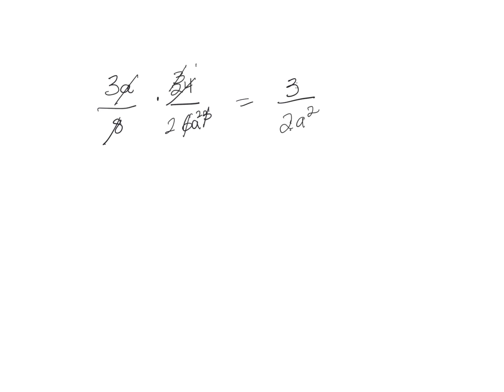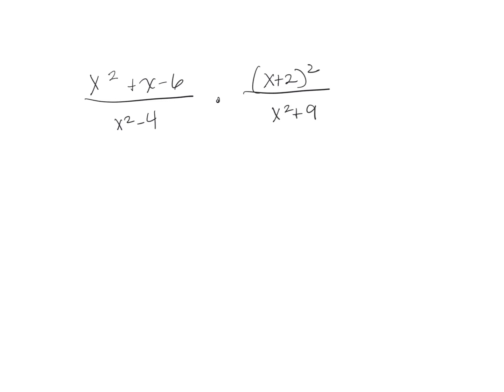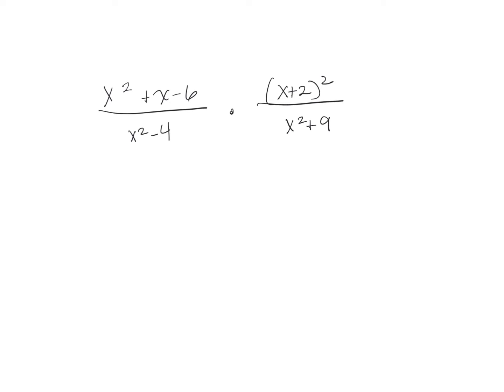All right. Likewise, if I have a trinomial and a trinomial, again, I'm going to have to factor and factor and factor and factor. All right. This is the difference of two squares. This guy right here won't factor at all.